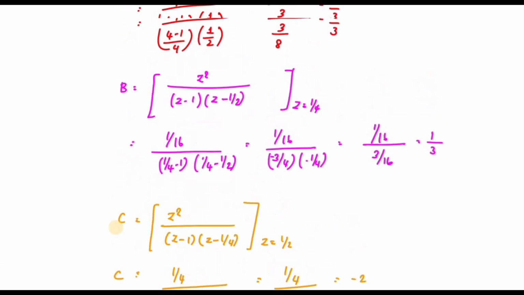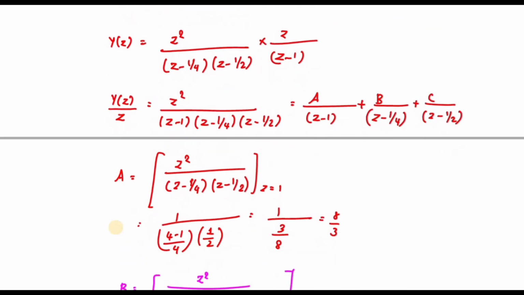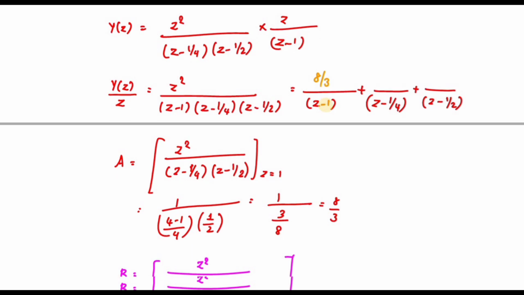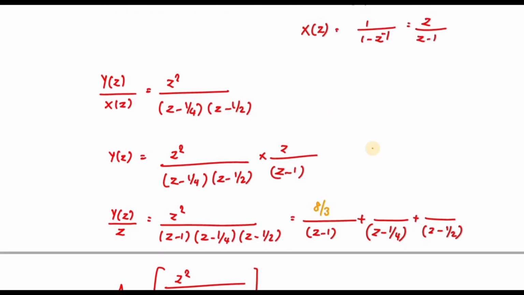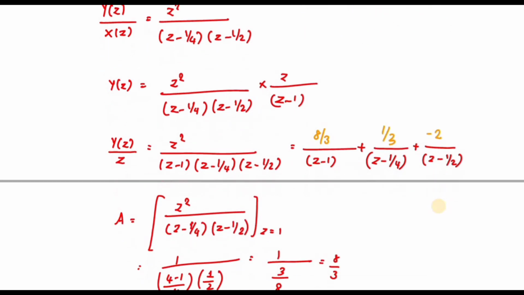So I'm going to substitute it here. Instead of A, I'm going to substitute 8 by 3, and the B value is 1 by 3 and this is minus 2. Okay. So what is my Y of z?